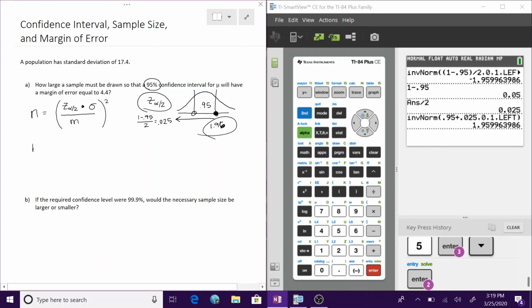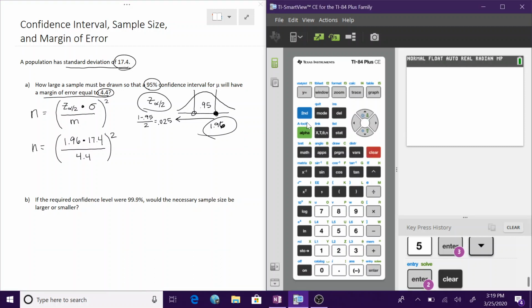So we're going to replace our critical value right here with 1.96 times, now my sigma value, or my standard deviation value, is given right here of 17.4, and then my margin of error is given right here of 4.4. And then what we're going to do is square this number.